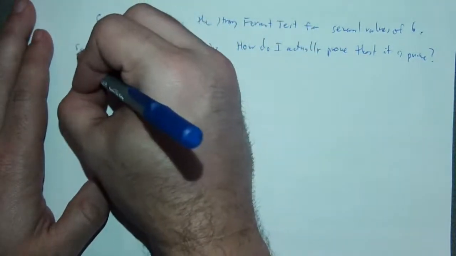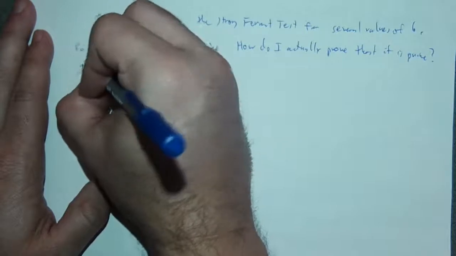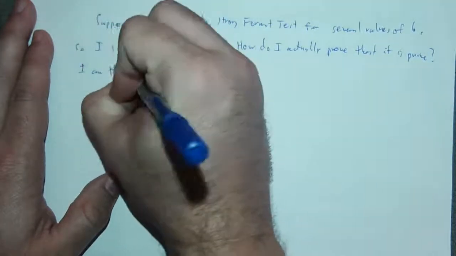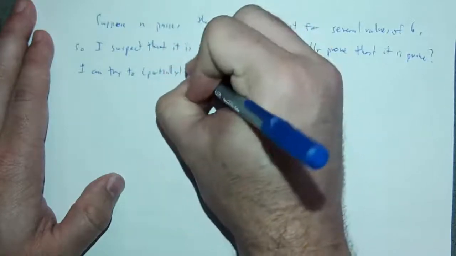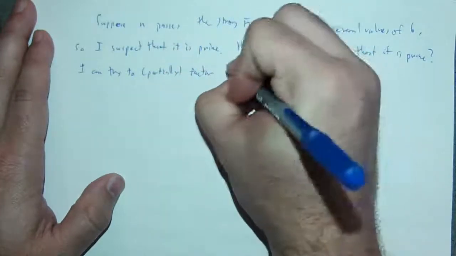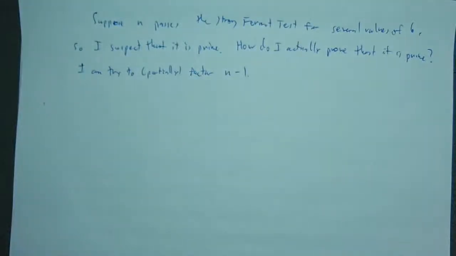Well, I can try to partially factor n minus 1. If I suspect n is prime, then n minus 1 is even, so at least it has a factor of 2. So I can begin my process there, right? The idea is to try to partially factor n minus 1.